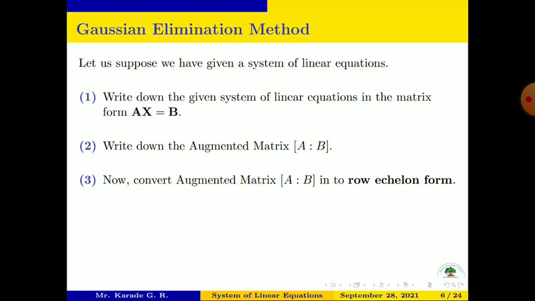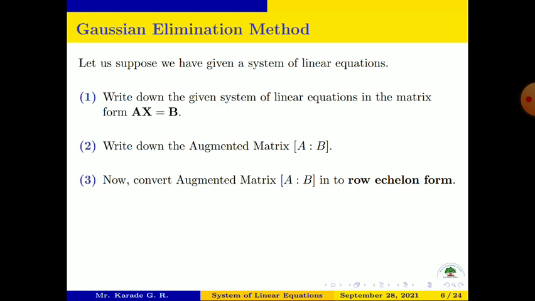And the fourth condition is: all zero rows must appear at the bottom of the matrix. If our matrix satisfies these conditions, then we say that the given matrix is in row echelon form.